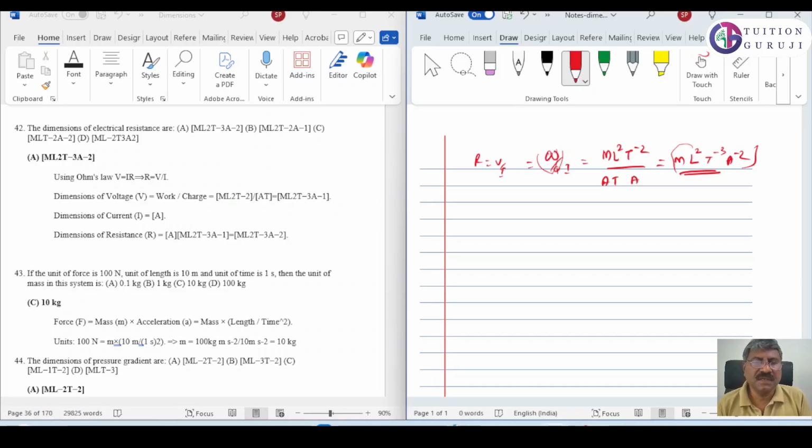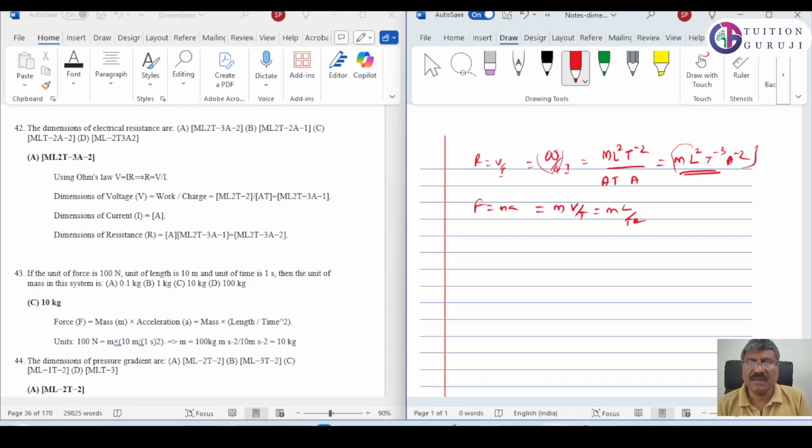Next one, if the unit of force is 100 Newton, unit of length is 10 meter, and unit of time is 1 second, then find the unit of mass in the system. We know that F is equal to M into A, where A is velocity by time, or length by time square.